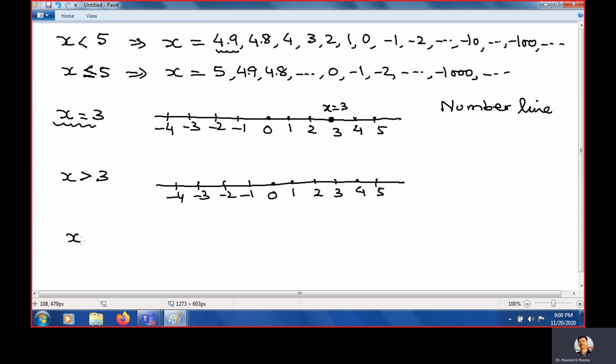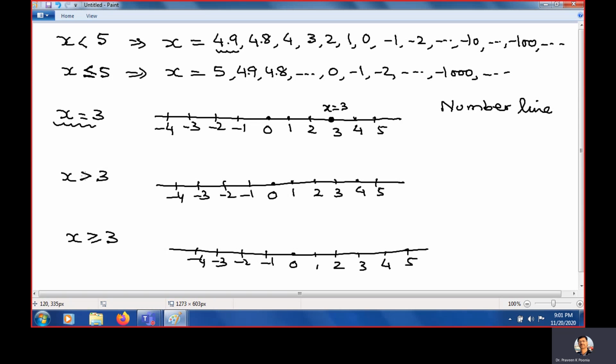Clear? So I want to explain both the things. What is the difference between equal and unequal? This is 0, 1, 2, 3, 4, 5, -1, -2, -3, -4.